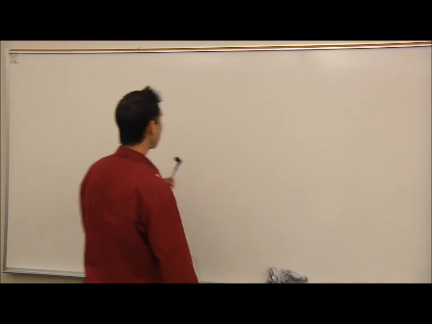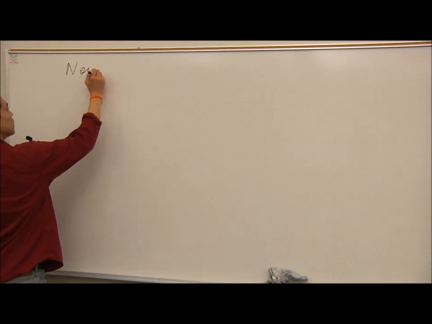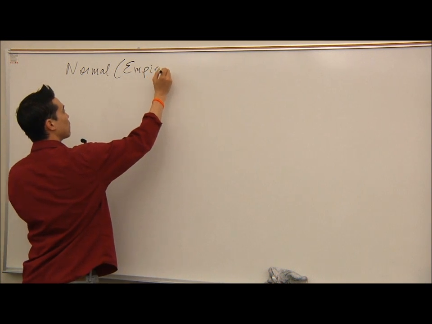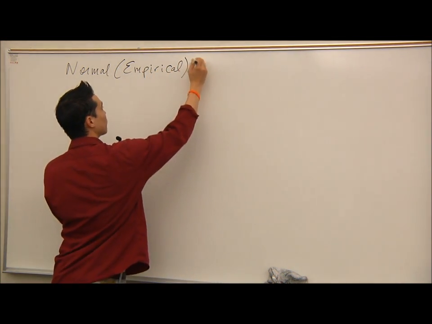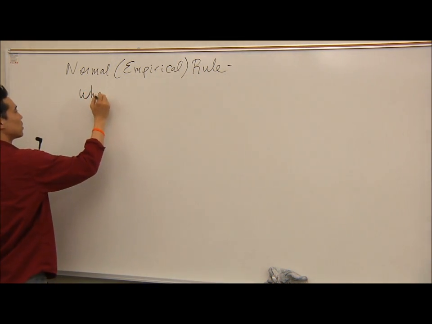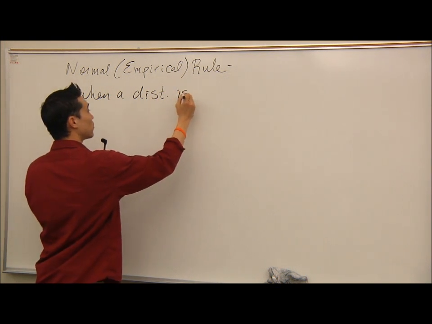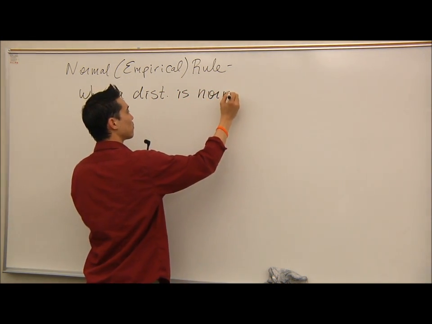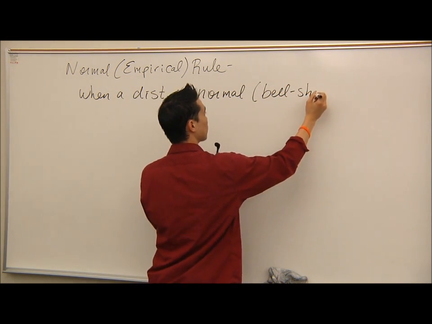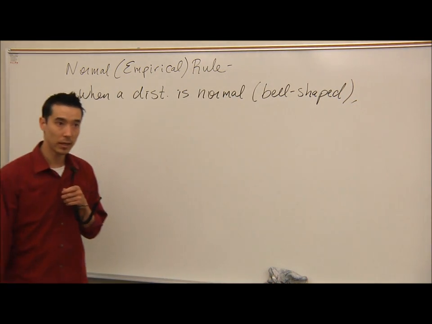Okay, when a distribution is normal or bell-shaped, so this is the normal, also known as the empirical rule. When a distribution is normal, bell-shaped, this is our rule, okay?